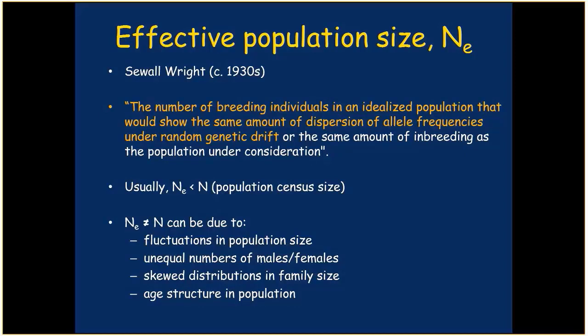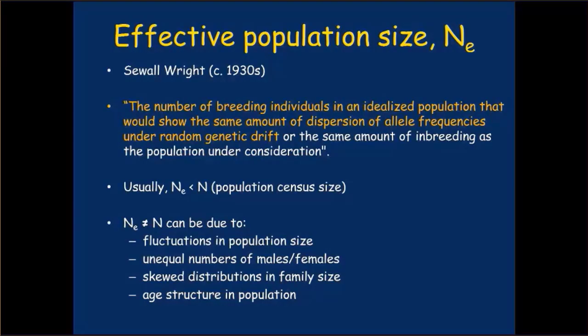A lot of times I survey and say, okay, I think I have 500 adults here, so I think I'm pretty good, I don't have to worry about inbreeding. But effective size is how that population is truly behaving in a genetic sense. And it's not uncommon for the effective size to be maybe 10% of your population census size. Again, it's a critical metric that we use because it directly informs what the rate of inbreeding is going to be.